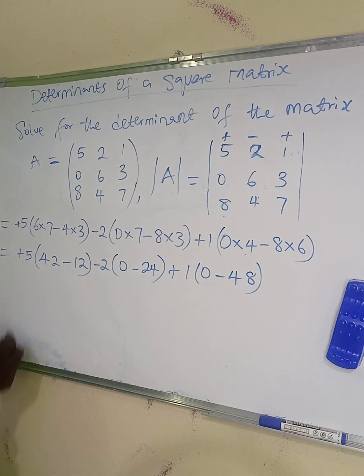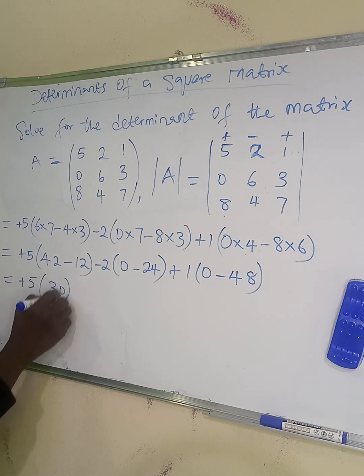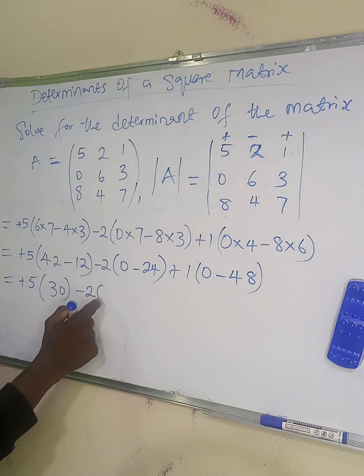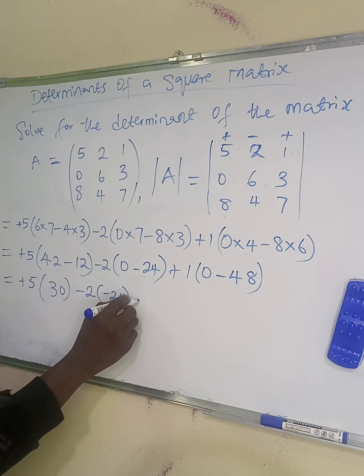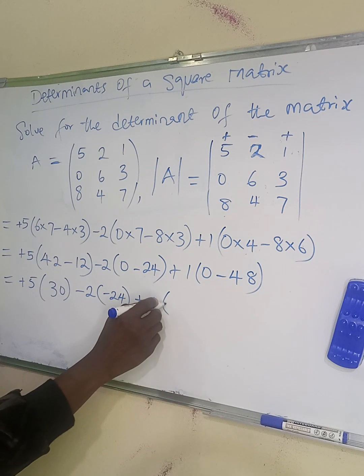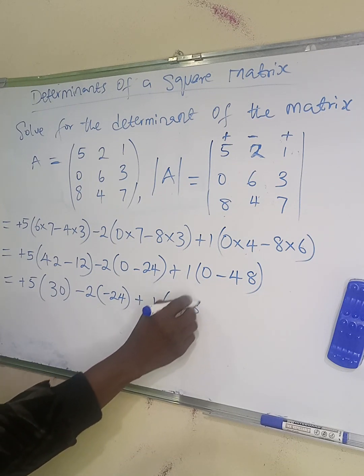At this point we have positive 5 into bracket 42 minus 12 will give us 30, minus 2 into 0 minus 24 will give us negative 24, plus 1 into 0 minus 48 will give us negative 48.